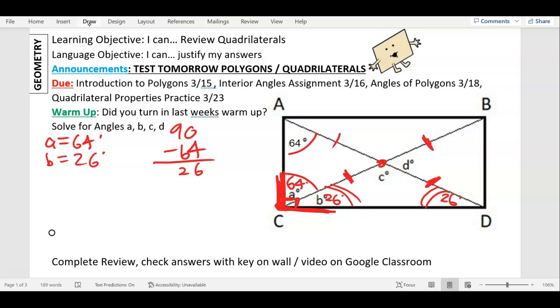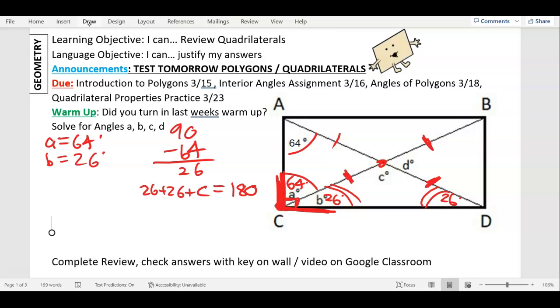Now, here's something else you have to know. How many degrees are in a triangle? Okay, does everyone know? 180 degrees. Okay, you got to know inside of a triangle is 180. Now I'm going to write this out algebraically. In a triangle, here we have 26 plus 26 plus the missing angle, C, equals 180 for a triangle.